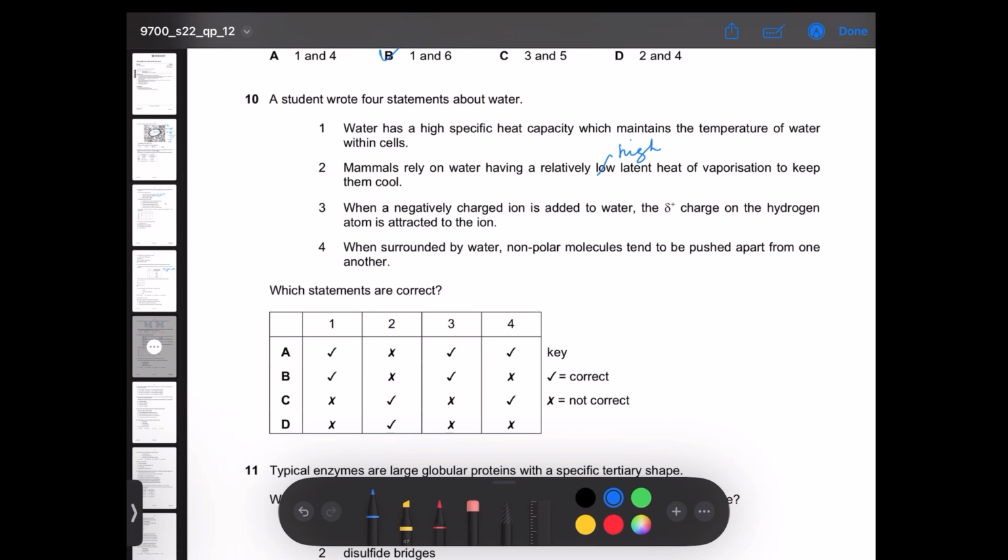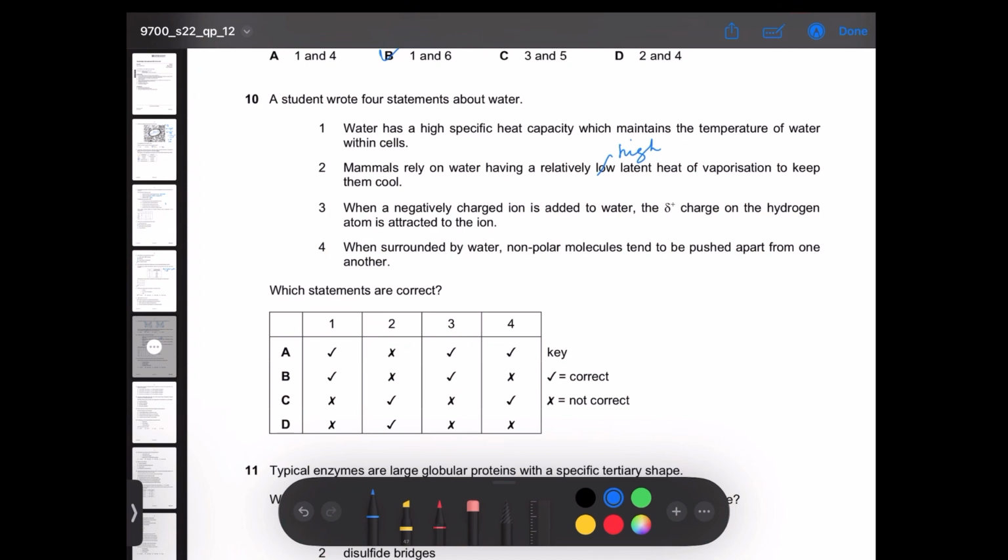And when surrounded by water, the nonpolar molecules tend to be pushed apart from one another. When surrounded by water, like for example a phospholipid bilayer kept in water, it forms a round ball with hydrophobic ends facing each other.